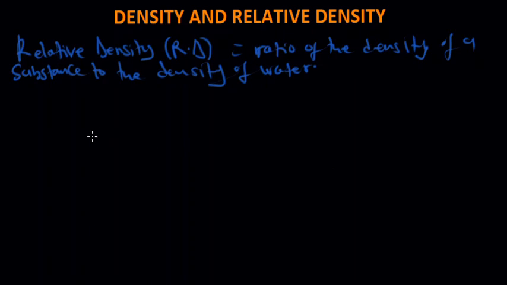So finding the relative density, RD, is always for a substance. So if we want to find the relative density of maybe oil, or any liquid, we compare it with water.